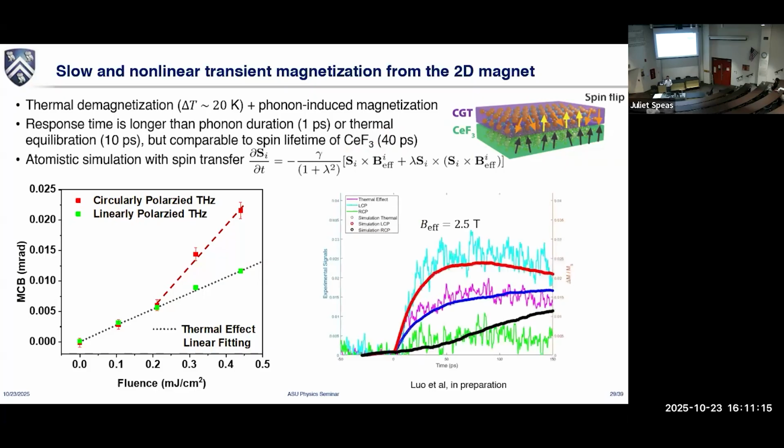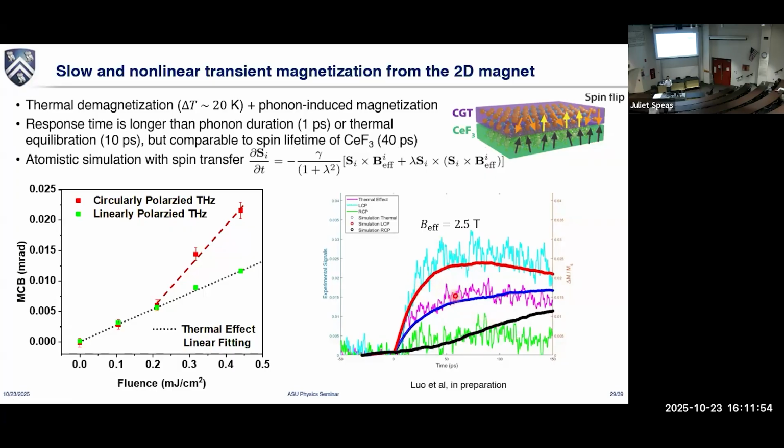So these are the actual differences. You can see, the text is too small. This is 0, this is 50, this is 100. The noisy curves are experiments. If we just inject heat, you have some thermal demagnetization here. Then if you generate circularly polarized terahertz, basically adding more effective field, you can either enhance that demagnetization or completely suppress it.